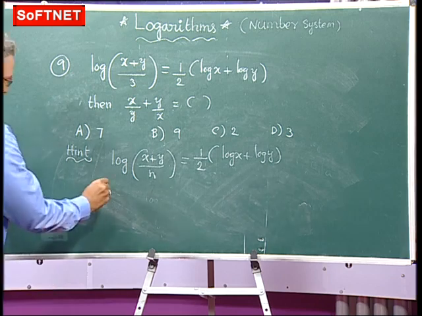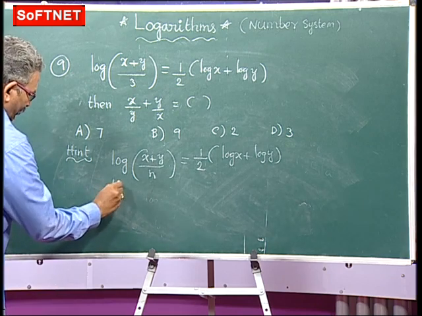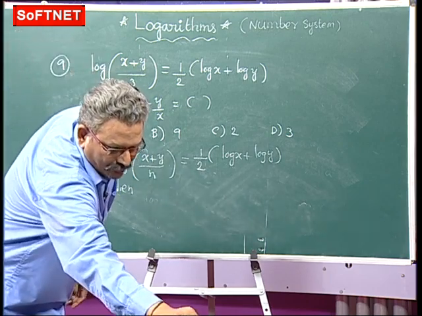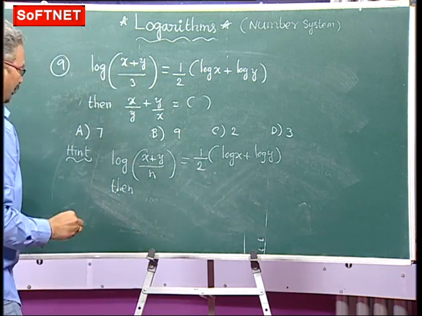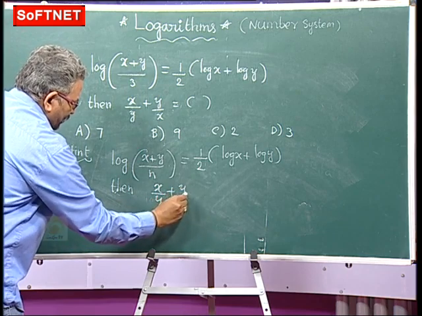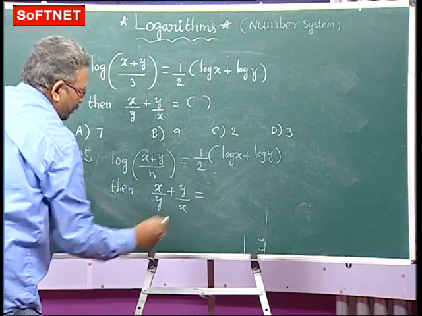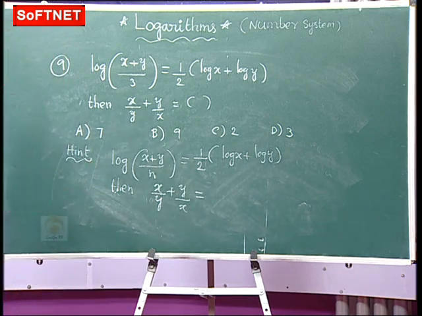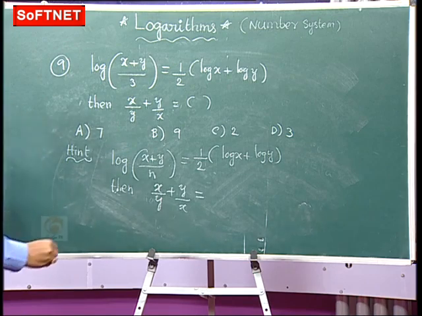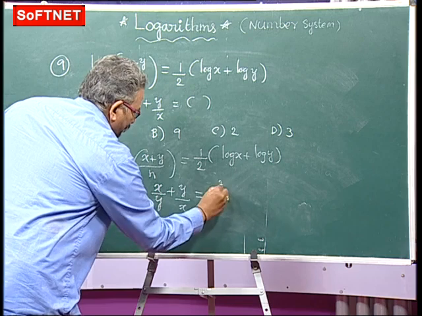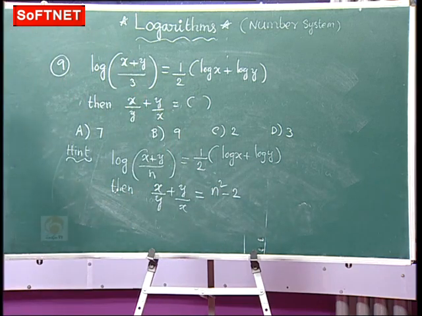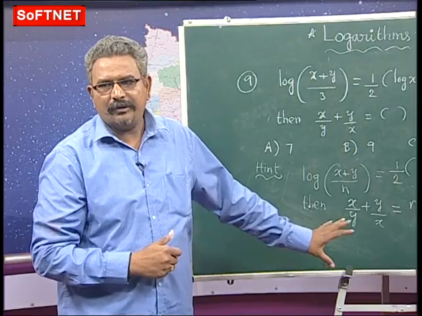Then x by y plus y by x is equal to, here very important, better to remember this shortcut: n square minus 2, that is all, very simple. So instead of doing a very lengthy method, you can remember this.